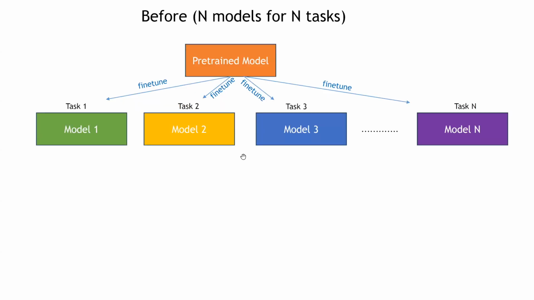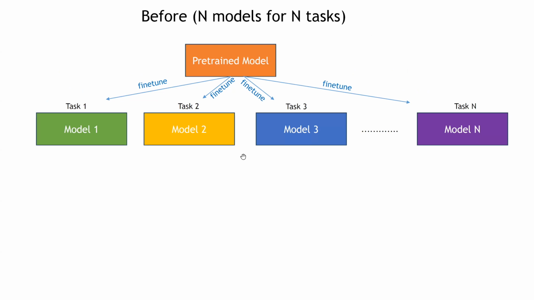Previously, back in the good old days, 2 years ago, we had a model pre-trained on huge amounts of vision language data, and then you fine-tune it for each task that you want. So if you have n tasks, that means you will have n models as a result.